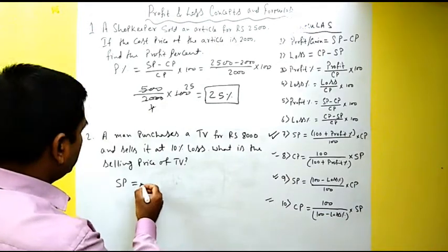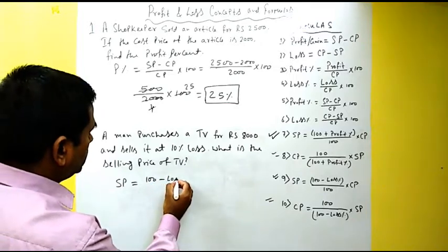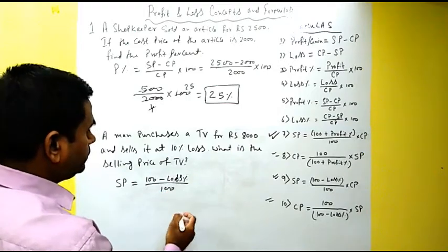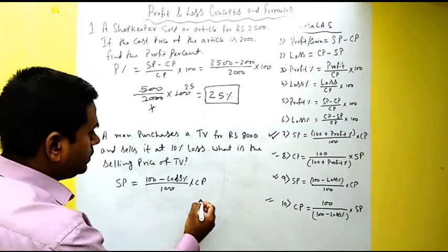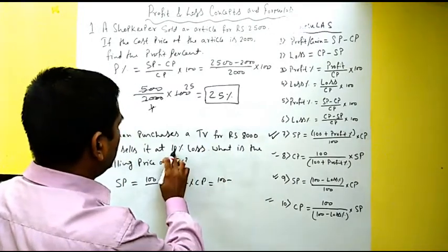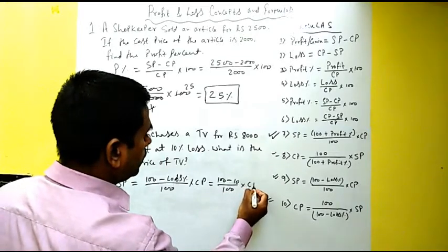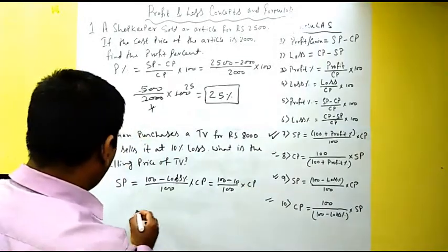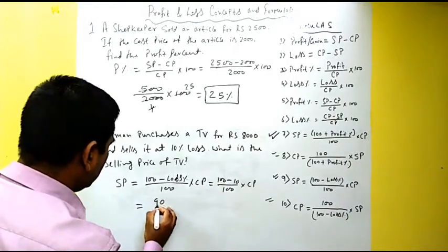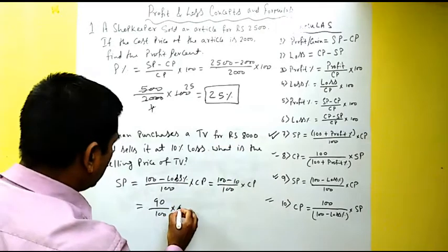So we can write here selling price is equal to (100 minus loss percentage) divided by 100 multiplied with CP. So this gives us (100 minus 10) by 100 into cost price. 100 minus 10 is 90 upon 100, and cost price is 8000.